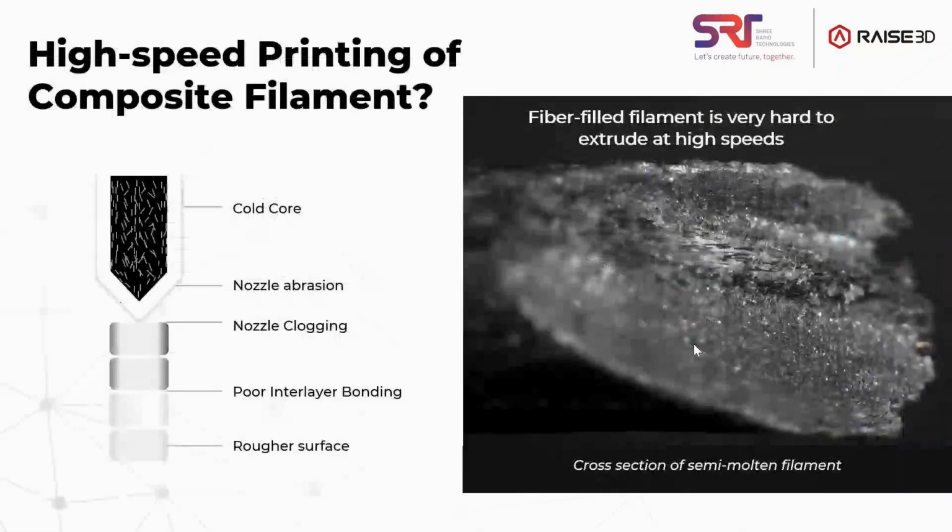Now, the question here is, although with the composite filaments you're able to manufacture a part within hours, still, some people question whether we can use this composite filament for printing at high speeds.